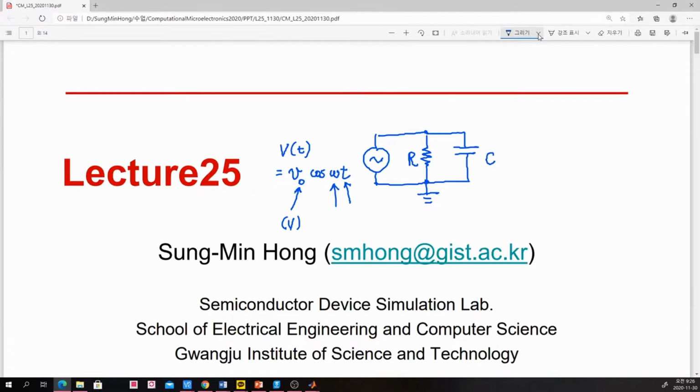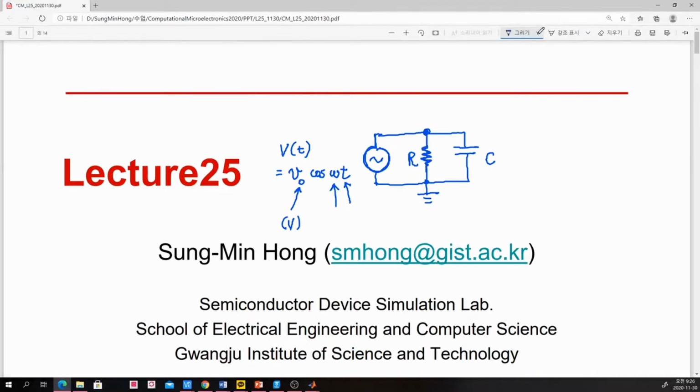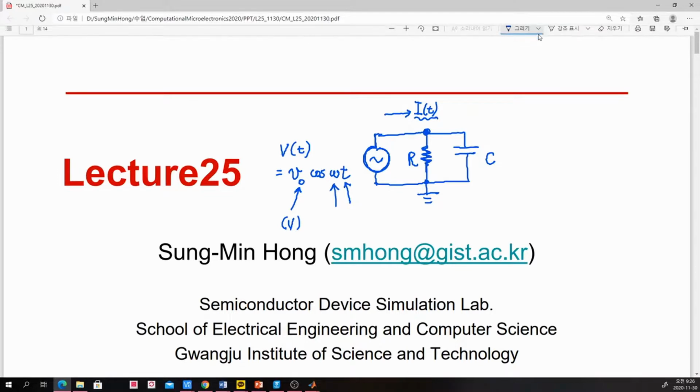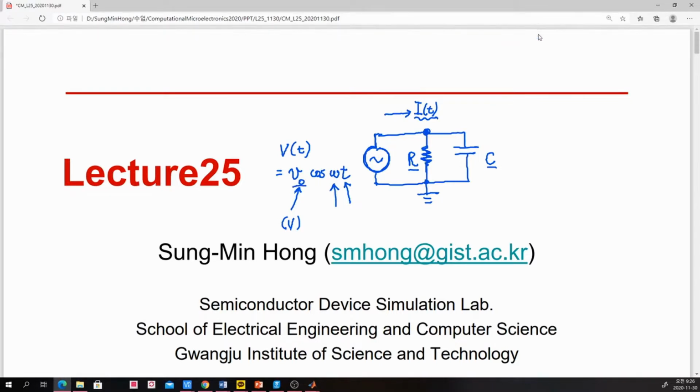So what will happen to this system? Of course, since we apply a voltage source to our passive elements like resistor and capacitor, we expect that there will be a certain current. That current will depend on time. Once R is given and C is given and even V naught is given, then everything looks quite clear and straightforward.